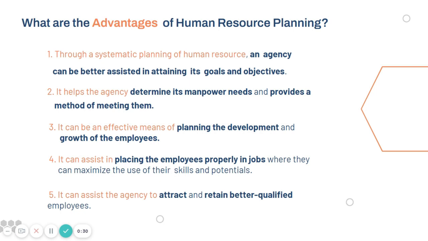Third, it can be an effective means of planning the development and growth of the employees. Fourth, it can assist in placing the employees properly in jobs where they can maximize the use of their skills and potentials. And lastly, it can assist the agency to attract and retain better qualified employees. Once again, these are the advantages of human resource planning.